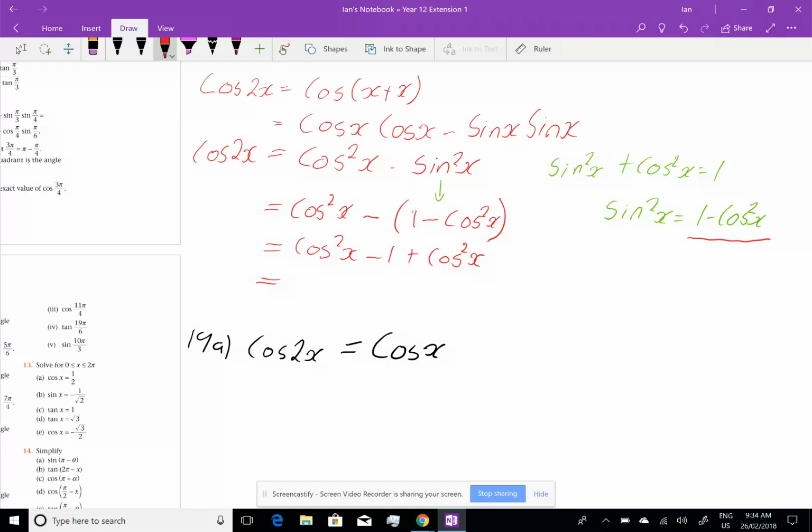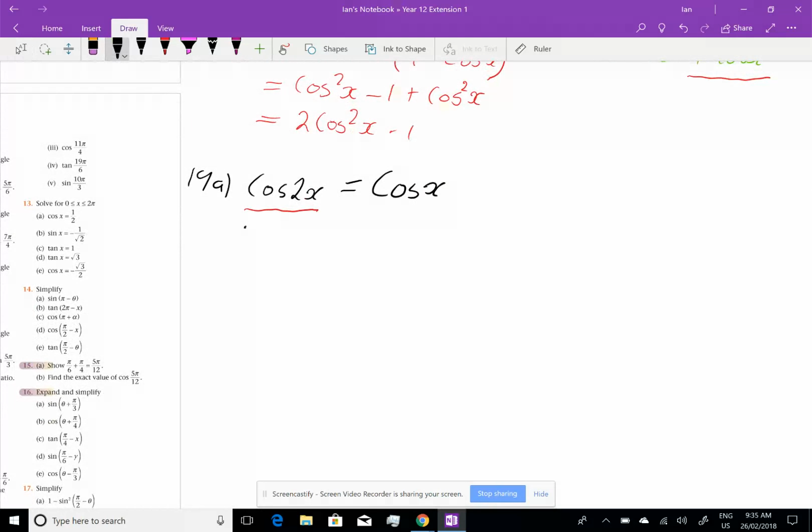And cos squared x plus cos squared x is 2 cos squared x minus 1. Now I can substitute that back into my equation, and I get 2 cos squared x minus 1 equals cos x.